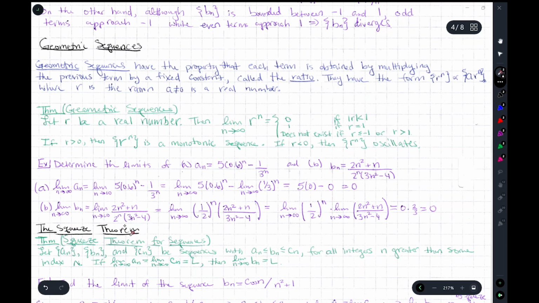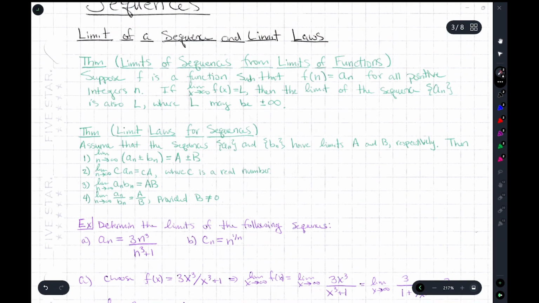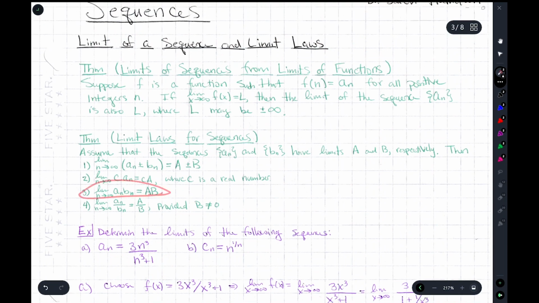What about for b? What we're going to do is separate that 1/2^n factor, okay? So we have this 1/2 raised to the power n, and there r is 1/2, and so this would go to 0, right? But here we have this other sequence, and we're going to take advantage of the fact that we could sort of distribute over a product, okay? So the product and limit commute, okay? That's taking advantage of this part of the theorem.